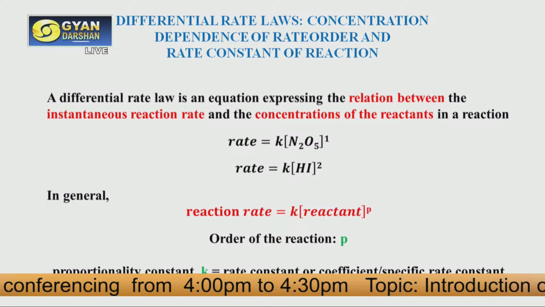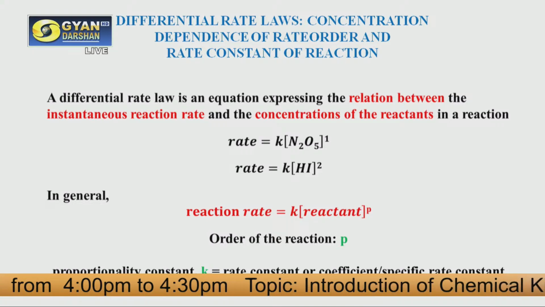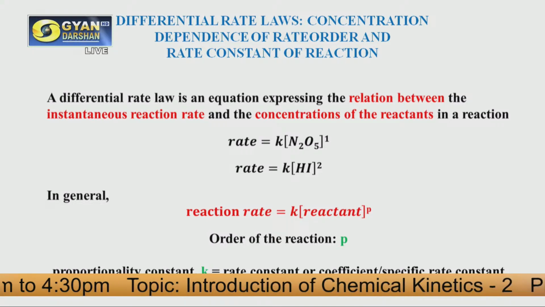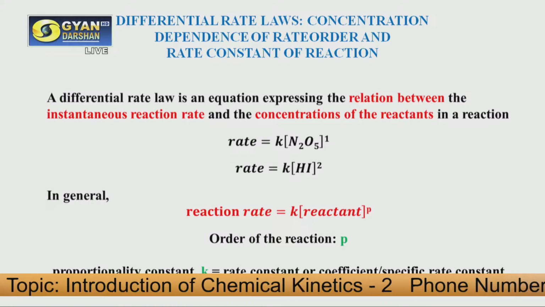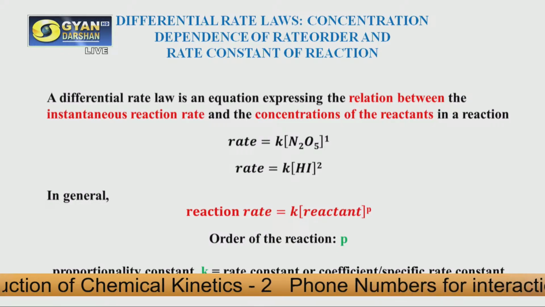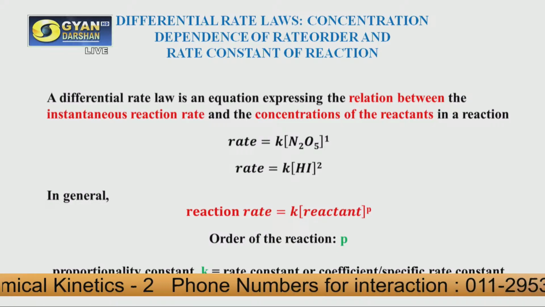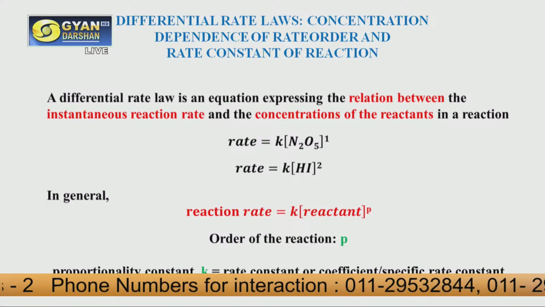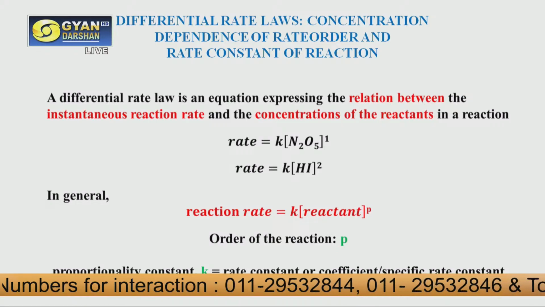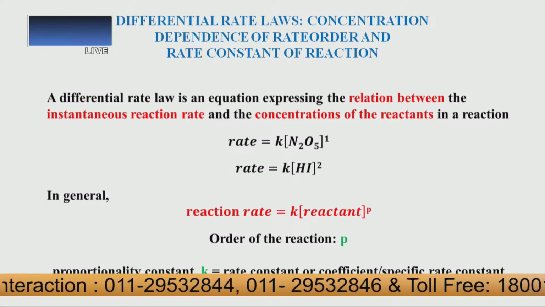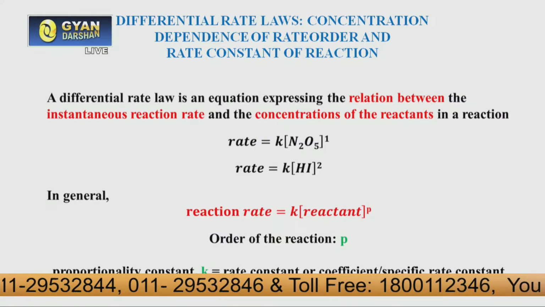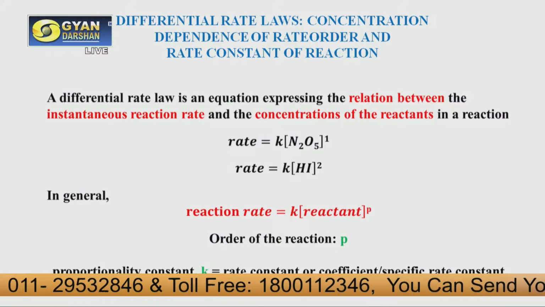And in the second example, the rate is equal to K into the concentration of HI to the power 2, meaning the rate is directly proportional to the second power of the instantaneous concentration of HI. So these two equations are what we denote as the rate law.